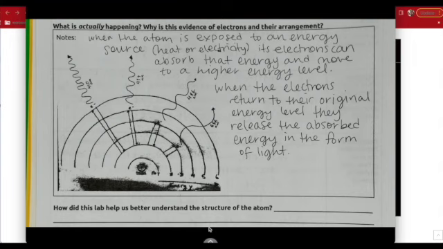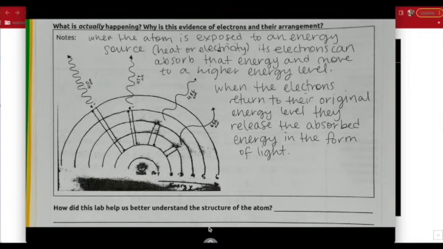Like if there were no levels in the atom and electrons were everywhere in the electron cloud, just moving wherever they wanted to, and if they absorbed and then released energy, they could make any jump they wanted.